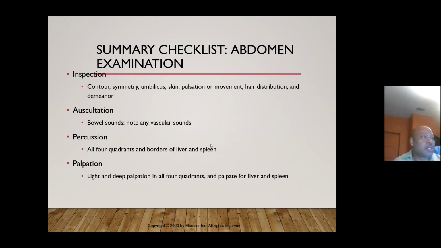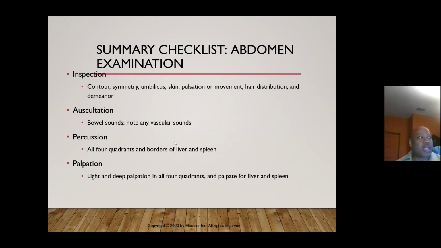And then, of course, this is the order, as you know: inspection, auscultation, percussion, and then palpation. As far as auscultation, bowel sounds, and also note any vascular sounds as well. Then you have your percussion, all four quadrants and borders of the liver, as well as the spleen.